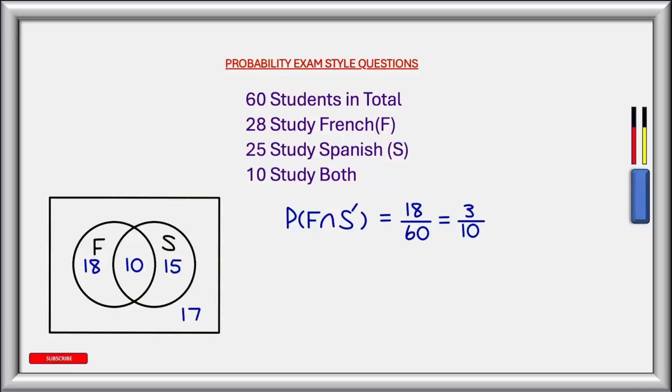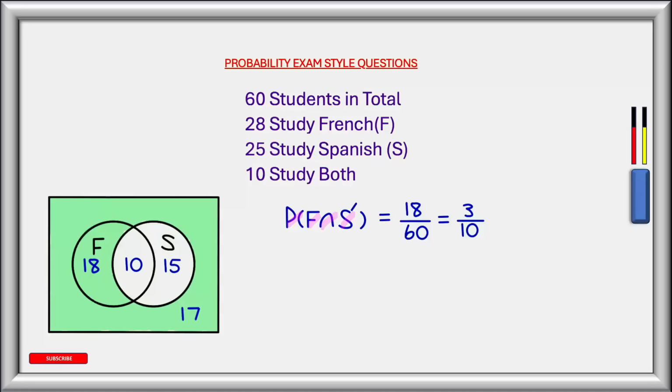In part C, we want to find the probability of F intersection S prime, which is the probability that a randomly selected student studies French and not Spanish. And so we're looking for the common part of these two groups. Those that study French is represented by the green shaded region on the Venn diagram. And those in the not Spanish group are represented by the green shaded region on the Venn diagram.